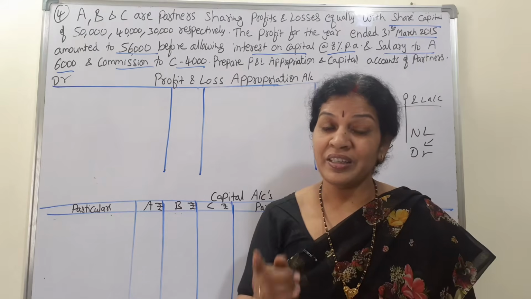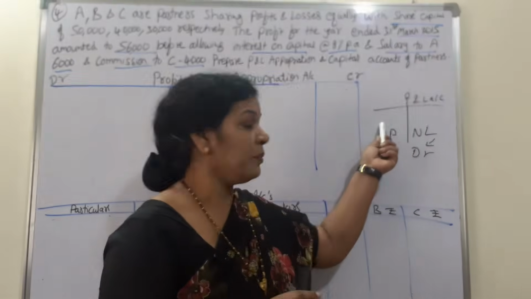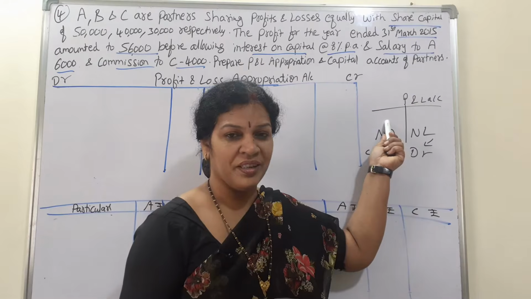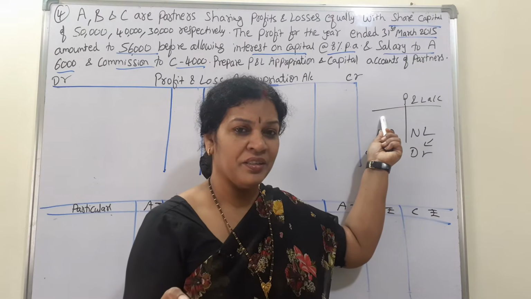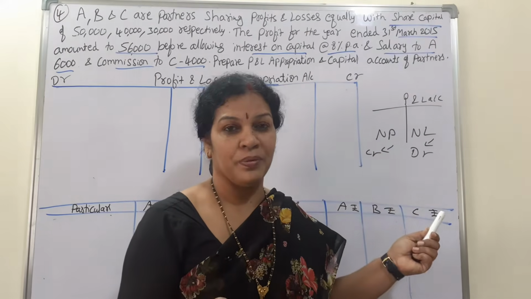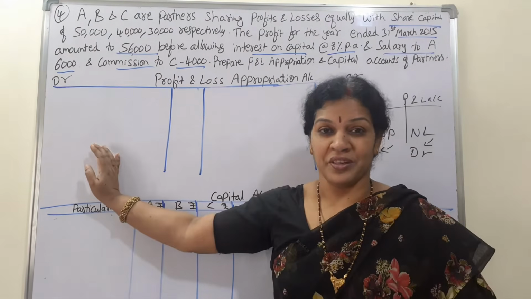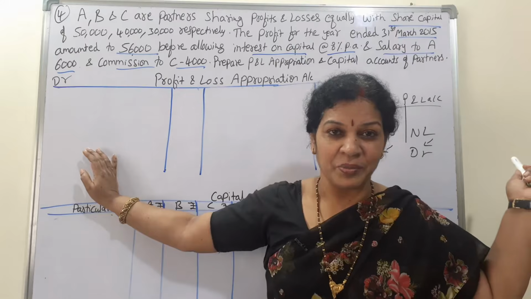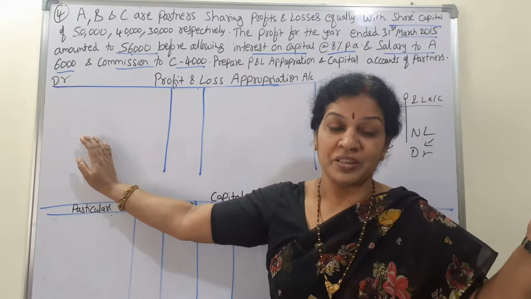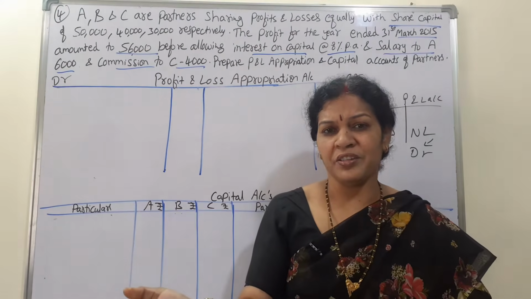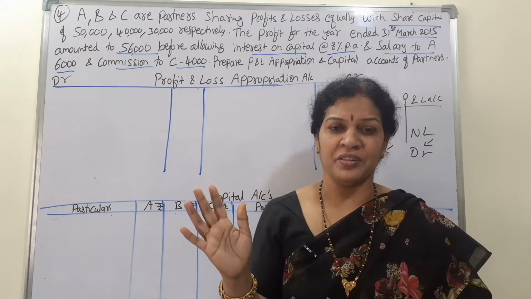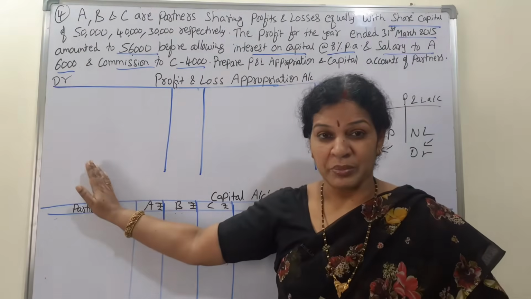Earlier we used to write this reserve fund in the profit and loss account debit side and the balance sheet liability. In partnership, rather than there, we'll write it in the appropriation account debit side, not required in the P&L account. And as usual, on the balance sheet liability side we will write it. This is about the debit side.